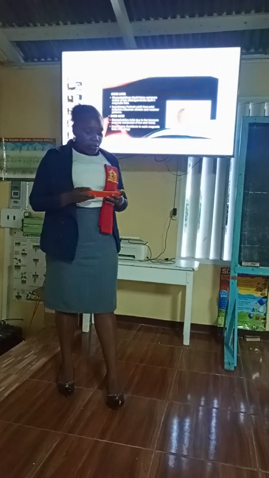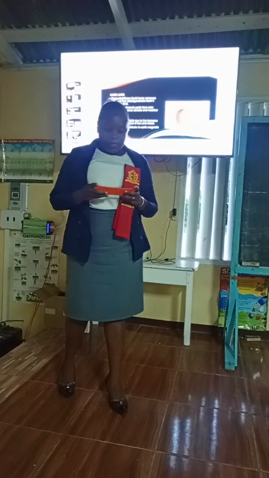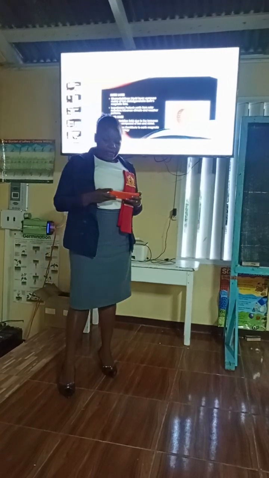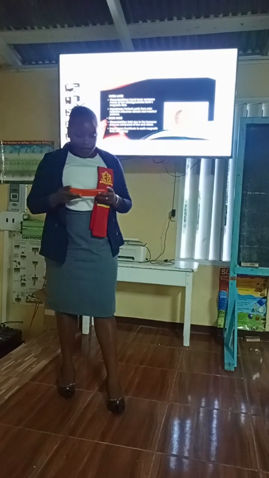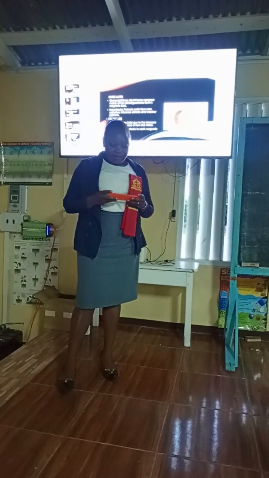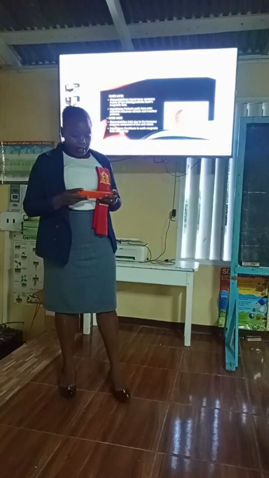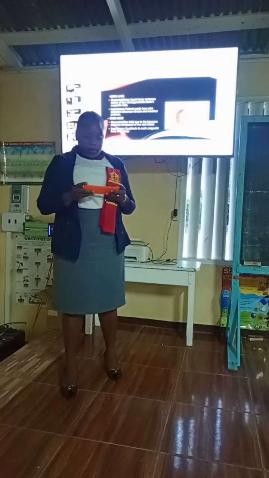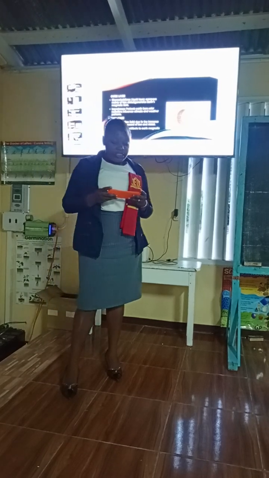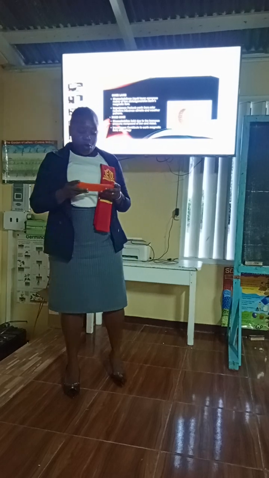Outer core. The outer core is a liquid layer composed mainly of iron and nickel, extending from 2,900 to 5,150 kilometers below the surface. The outer core is responsible for generating the Earth's magnetic field through the dynamo effect, which is essential for protecting the Earth from the solar radiation.